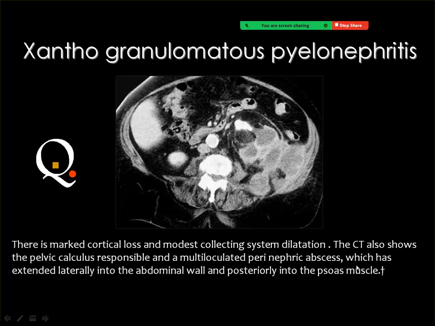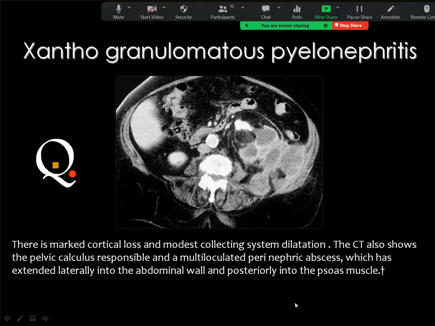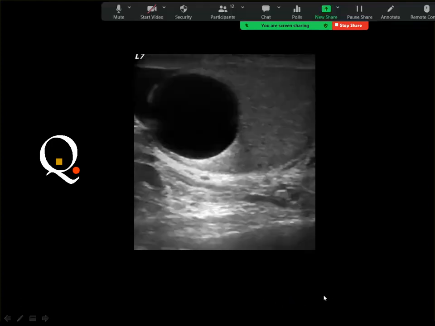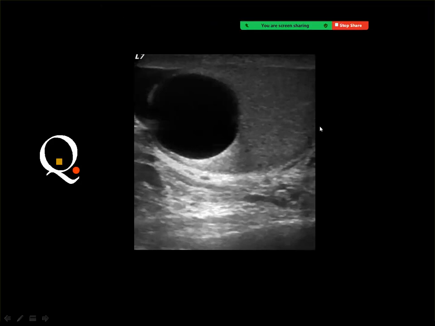The answer is xanthogranulomatous pyelonephritis that has progressed to a perinephric abscess that has involved the posterior abdominal wall as well. Next case is an ultrasound of the testis.